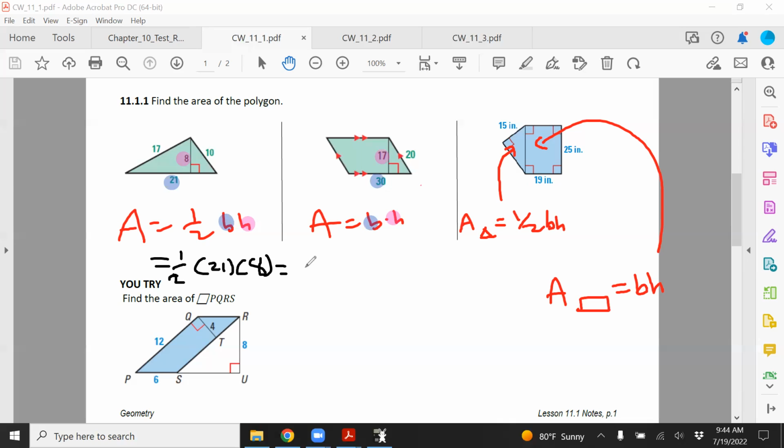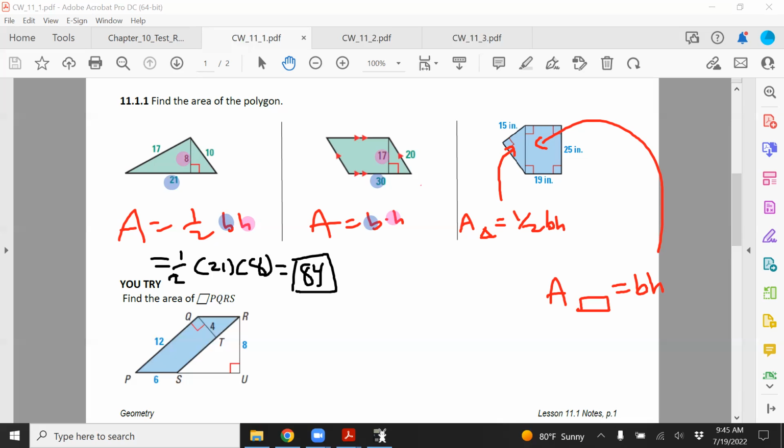That will be 84. That'd be 80. So questions on that one? That seems pretty straightforward. I think this will be a much easier chapter than chapter 10.